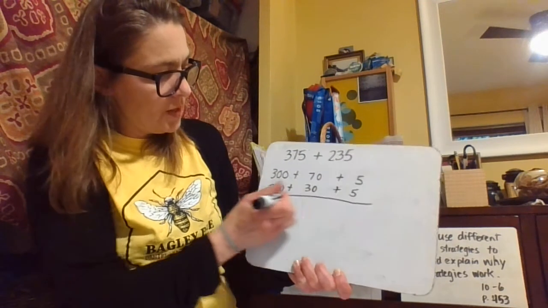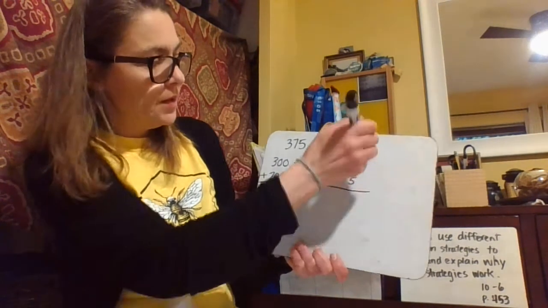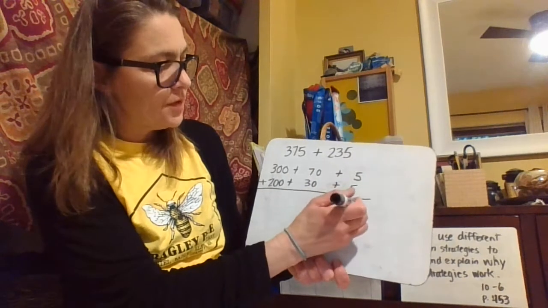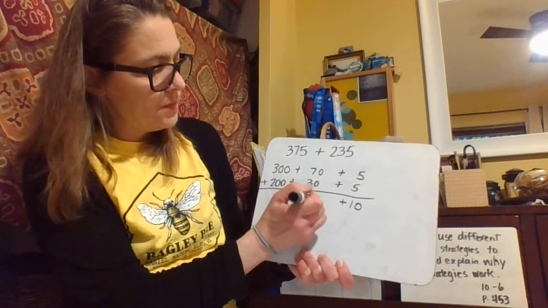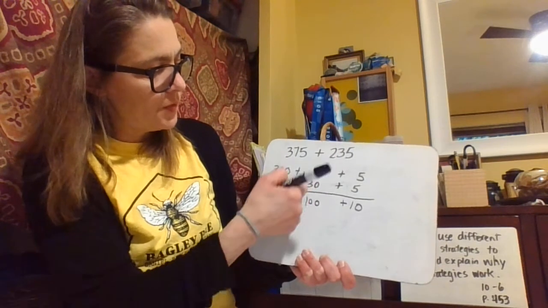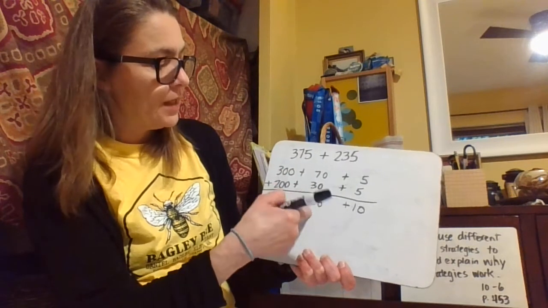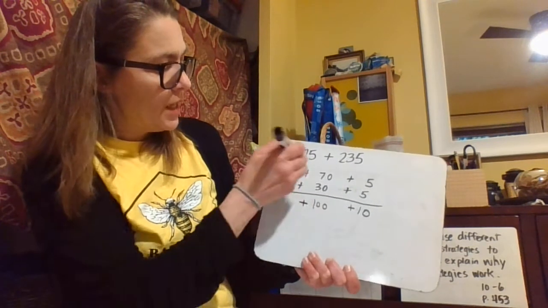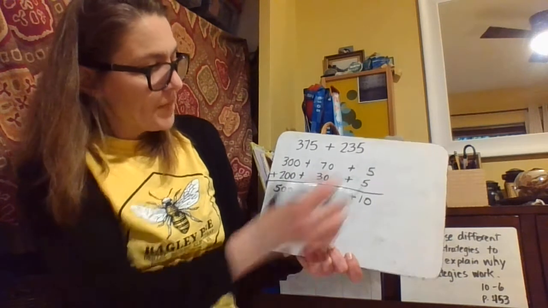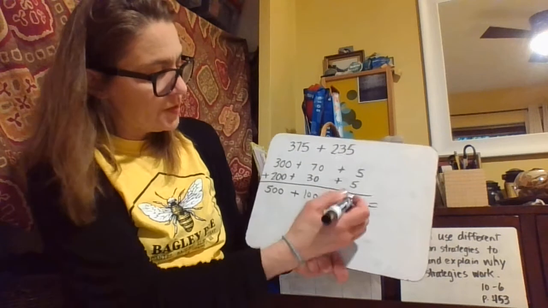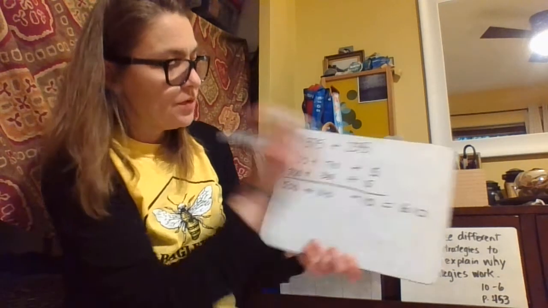You put your sum line, put your addition symbol, and you add the ones column first, and you have 10. Add the tens column next, and you get 100, because 7 plus 3 is 10. So 70 and 30 is 10 tens, which equals 100. And then 300 plus 200 is 500. And then you add them all together to get your sum, 610.